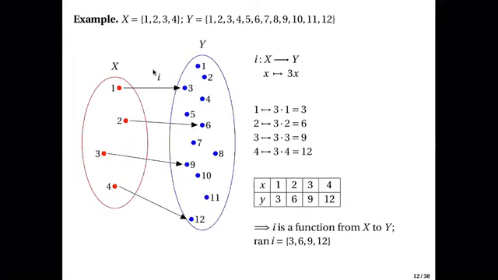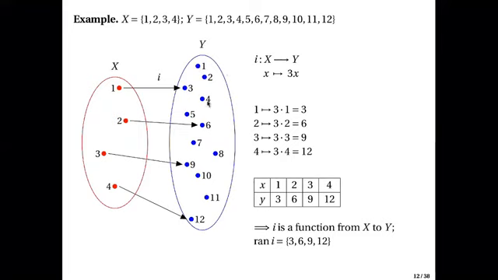Let's look at this. We mentioned that I is a function. So look, 1, 2, 3, 4, they have a unique partner. Each of them has a unique partner. Okay? 1 is partnered to 3, 2 with 6, 3 with 9, 4 with 12. Set Y contains all the integers from 1 until 12.